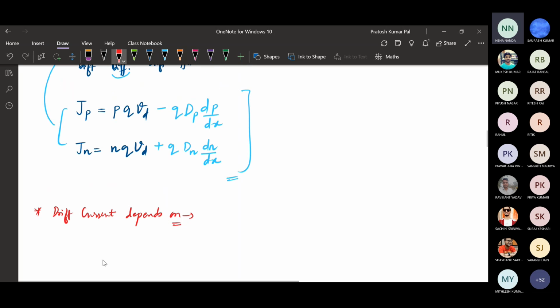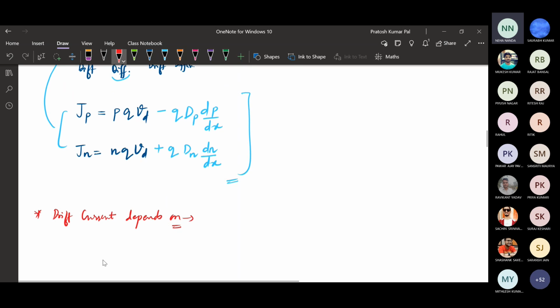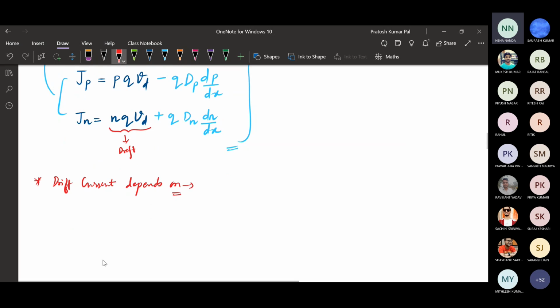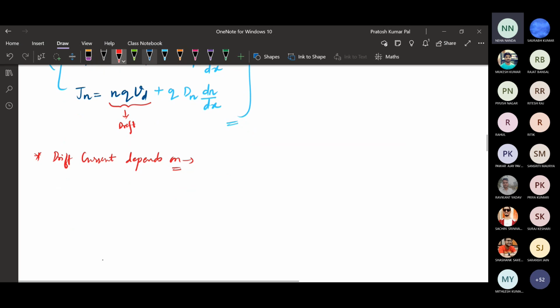So what parameters will the drift current depend on? This is the component that is given by the drift current. So from there we can find that the drift current will depend on, first of all, n, the concentration of the charge carriers, basically either holes or electrons. So first of all, drift current will depend on the carrier concentration.